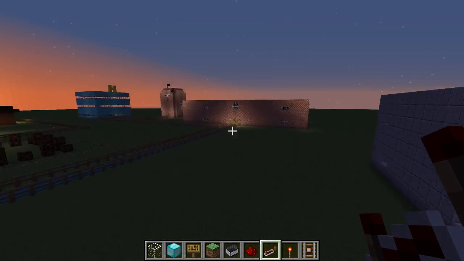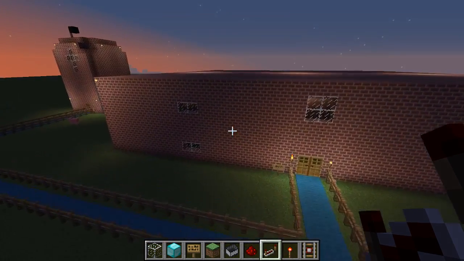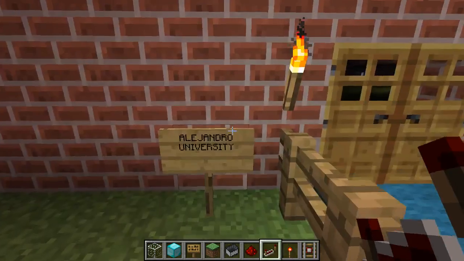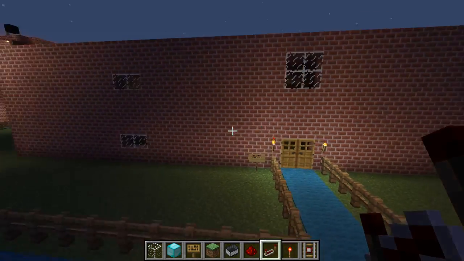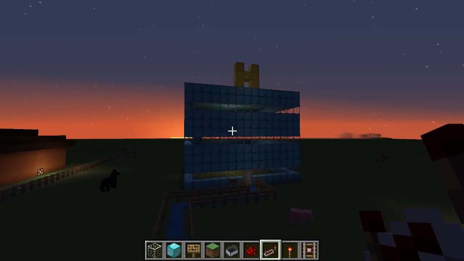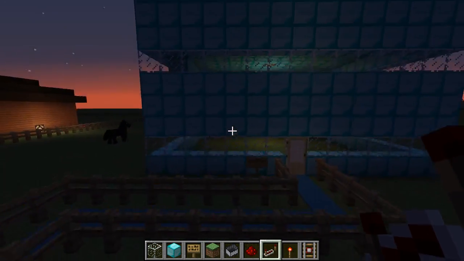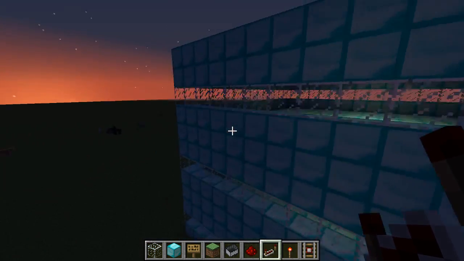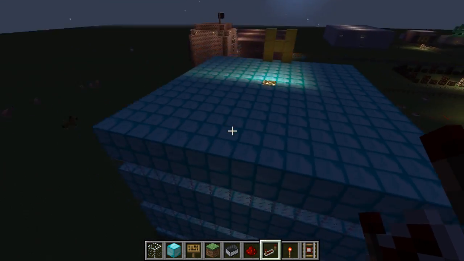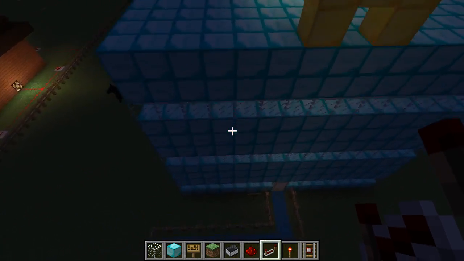Moving on, I built a university over here. Alejandro University. And attached to the university is the Honda headquarters. And here is where supposedly all the car engineers work, and all those people work in designing cars and stuff like that.